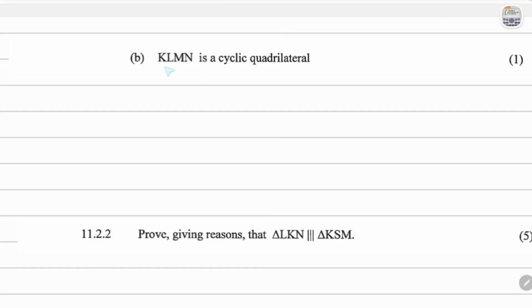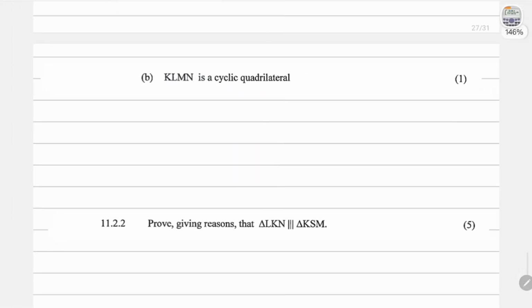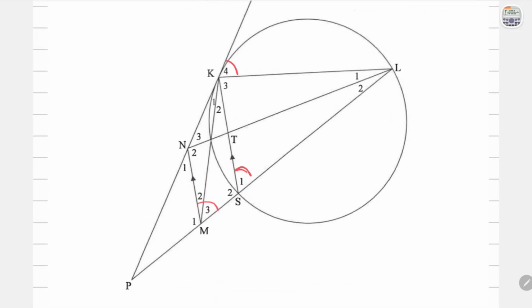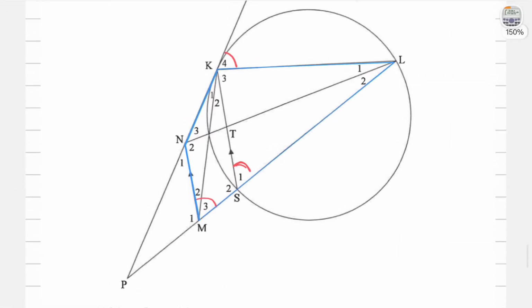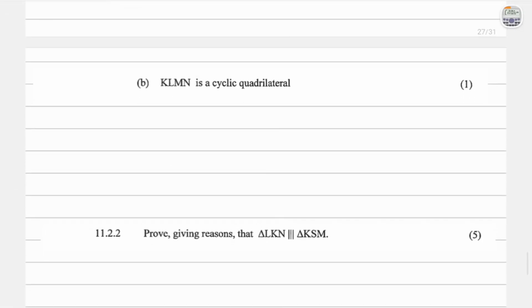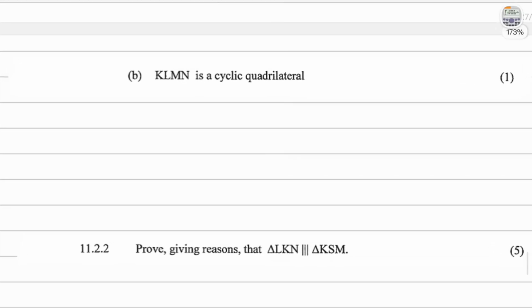And then B says we need to prove that KLMN is a cyclic quadrilateral. Okay, so that is this quad over here. Since we are looking at that, and I guess here it's already very clear, but just remember the three theorems that you have to prove that a shape is a cyclic quad. And here they are.